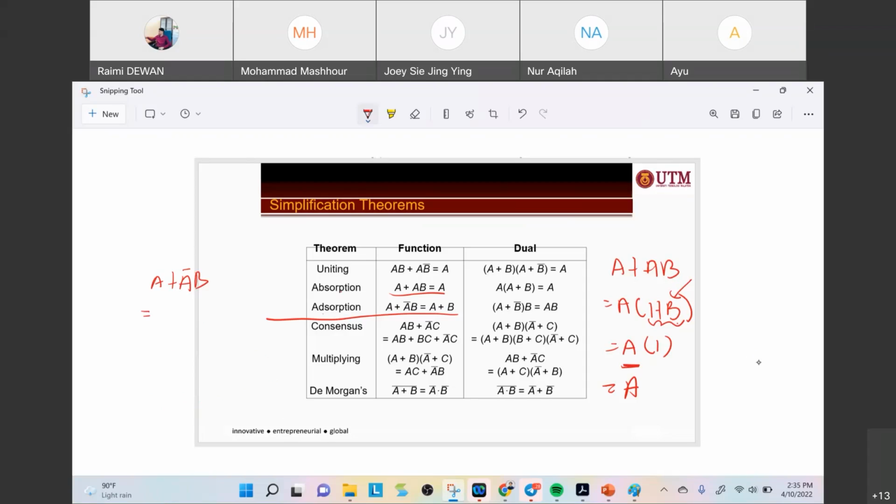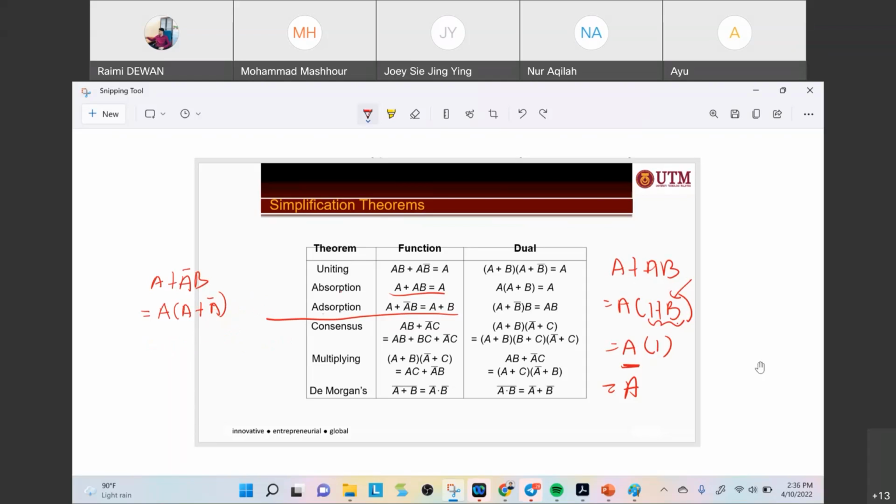A plus B, A plus B. A plus A bar plus A bar B. There is no right or wrong.